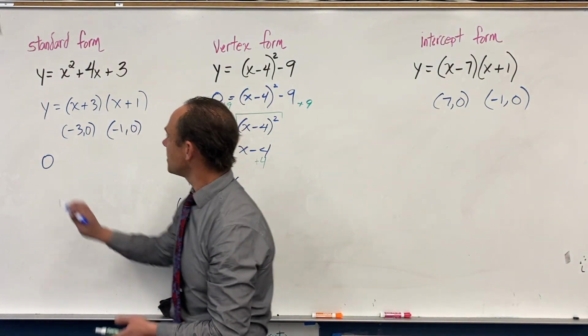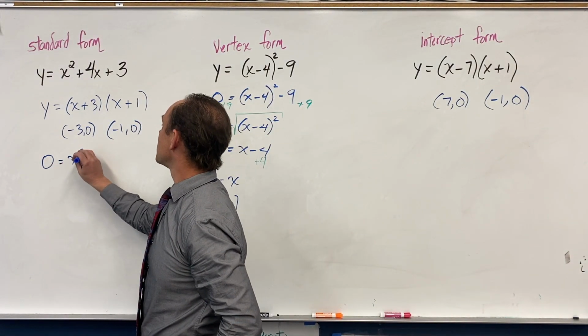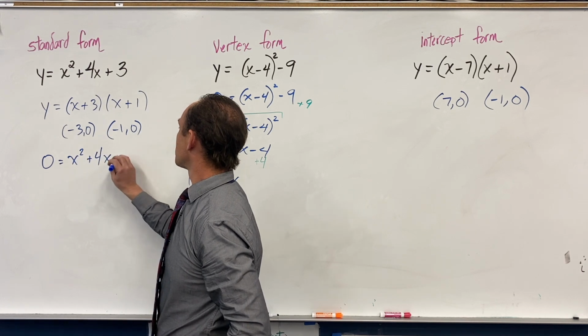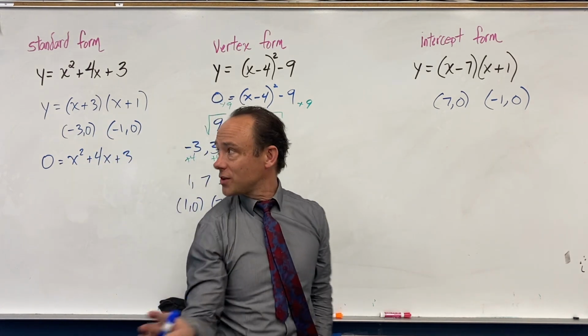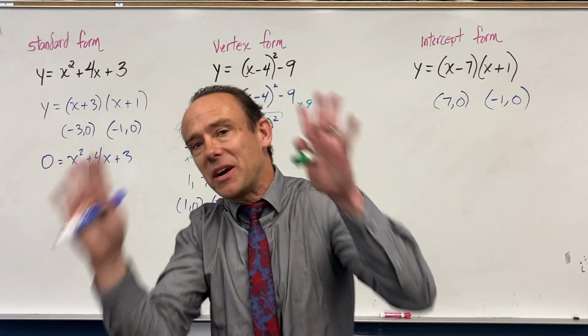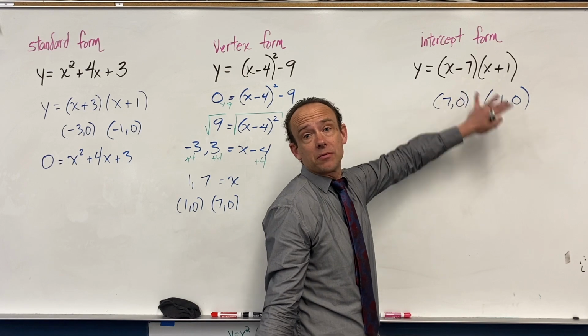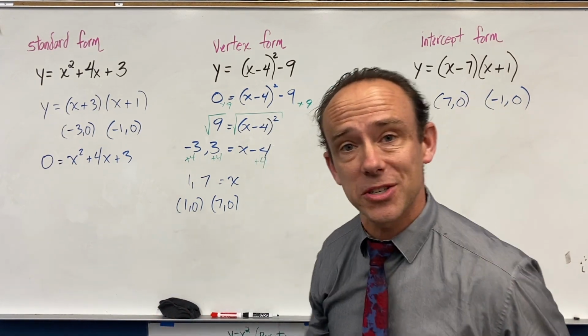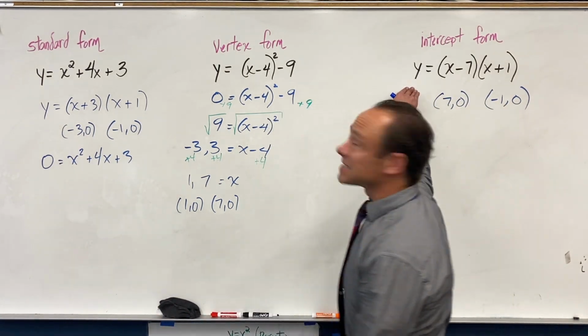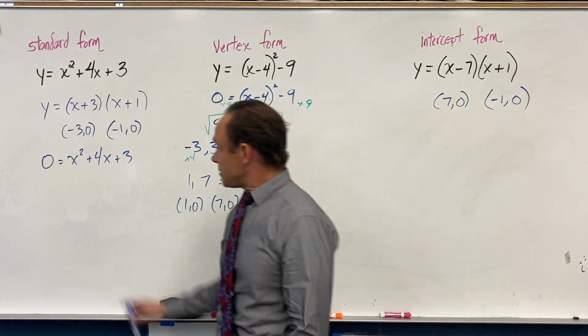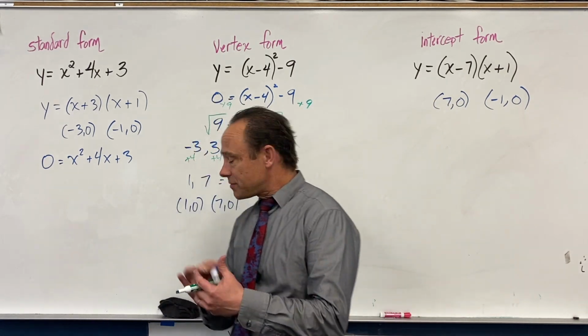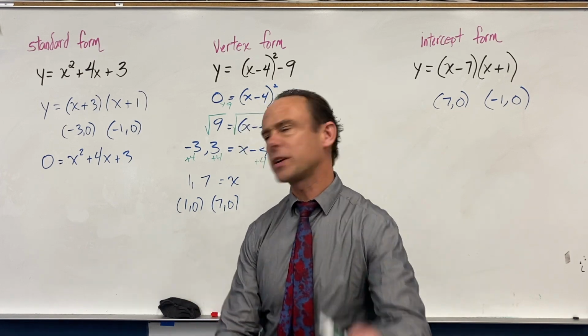Set it equal to 0, and then you solve the equation. If you don't know how to solve a quadratic equation, then you're not prepared to find x-intercepts yet. Well, of anything other than intercept form. You have to be able to solve an equation to find the x-intercepts unless it's in intercept form. And then from here, you could do the quadratic formula if you want. I'll do it quickly.